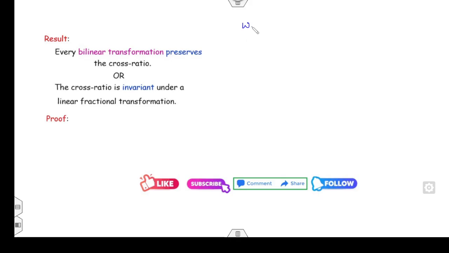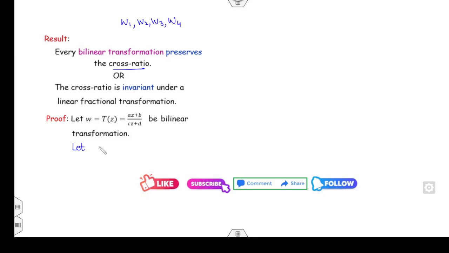That means if you have the transformation W is equal to T of Z, fine, such that T of Z is AZ plus B over CZ plus D, a bilinear transformation. Because we can define the cross ratio, we need the 4 points W1, W2, W3, W4. Corresponding to each Wi, we can define the point as Zi, where i varies from 1, 2, 3 and 4.